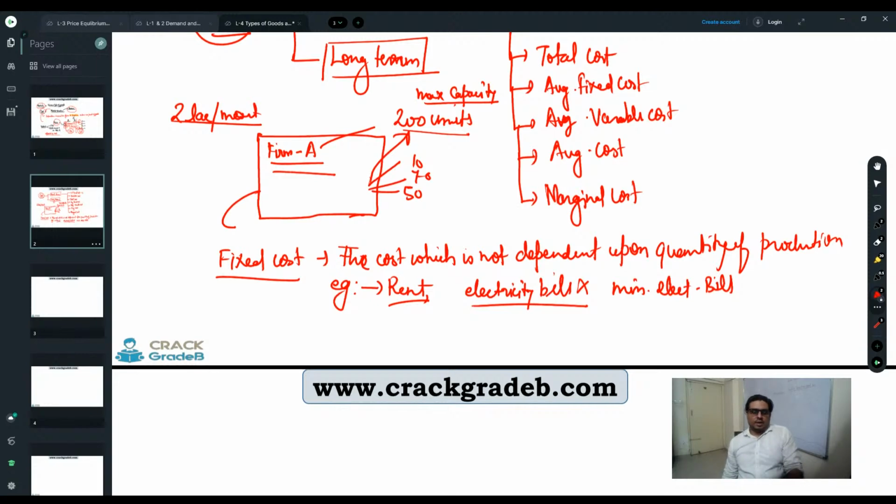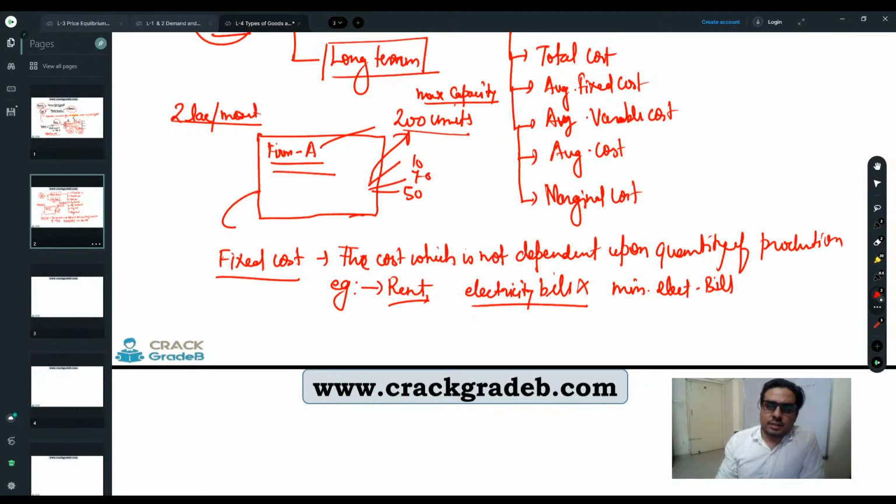You are doing the production or not, the minimum amount of bill as per the industrial category applies. Electricity charges depend upon which category you come under, normal consumer or industrial consumer. Even a normal consumer has to pay a certain minimum bill of electricity, and that is the fixed cost.